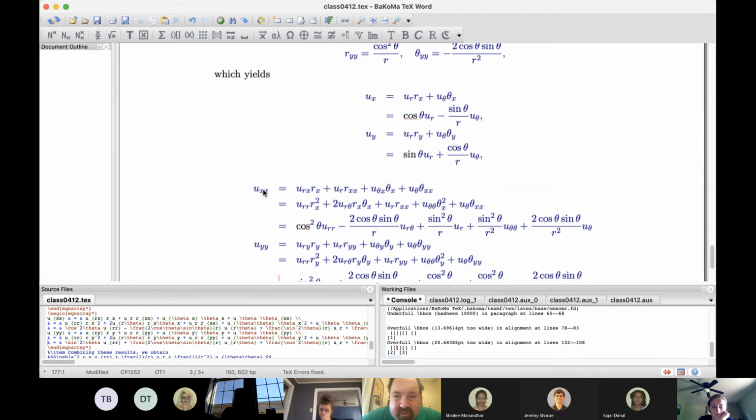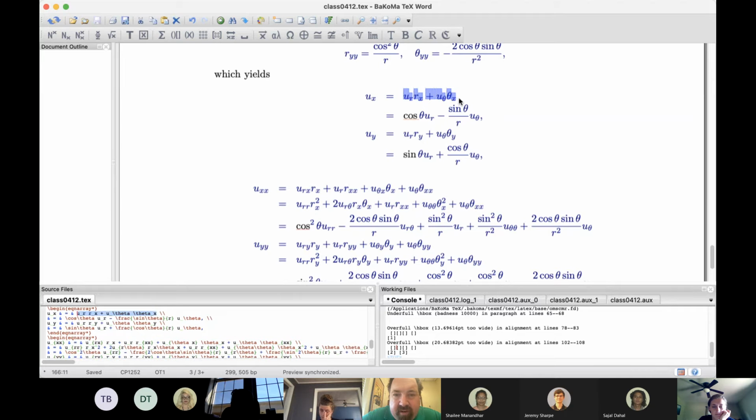So working on uxx, if I take this equation right here and apply the product rule to it, I want to take a derivative of all of this with respect to x. So I get urx rx plus ur rxx. So product rule applied to this gives me these first two terms. And then product rule applied to this gives me the other two terms. And differentiating with respect to x.